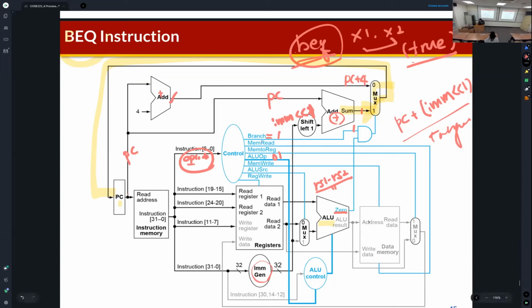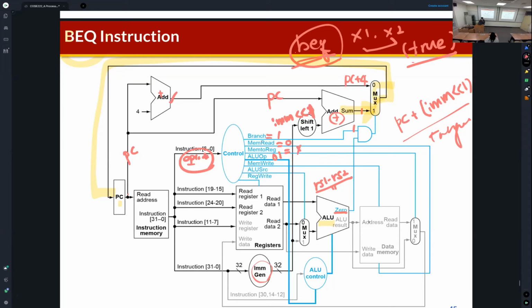Then how about MemRead? The branch instruction does not access data memory, so MemRead is 0. And how about MemtoReg? The target of the branch instruction is not the register file, so actually it is don't care.